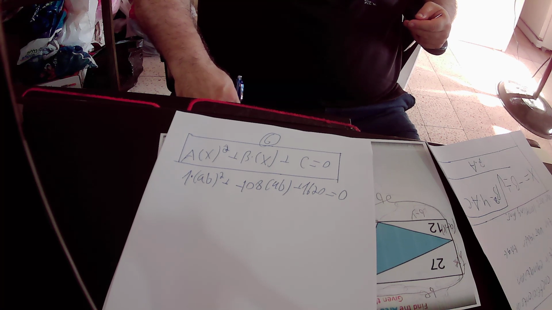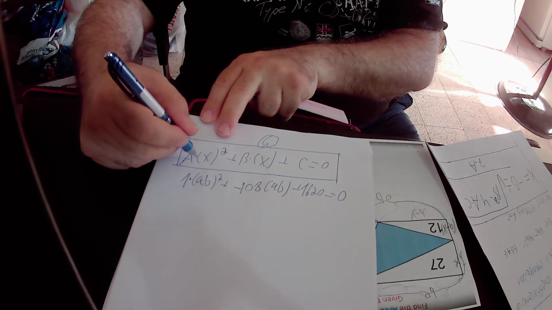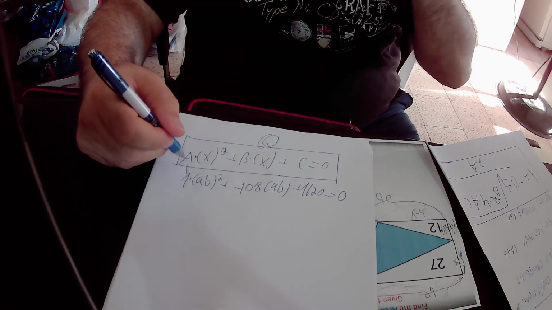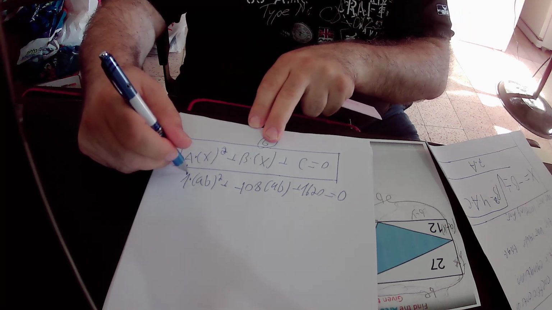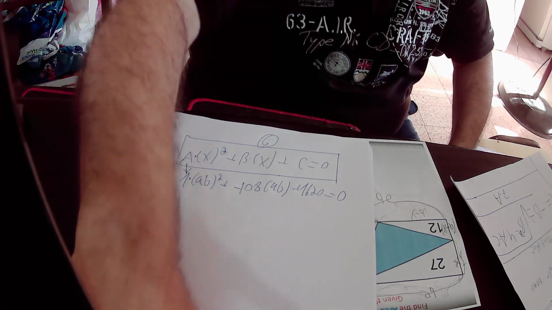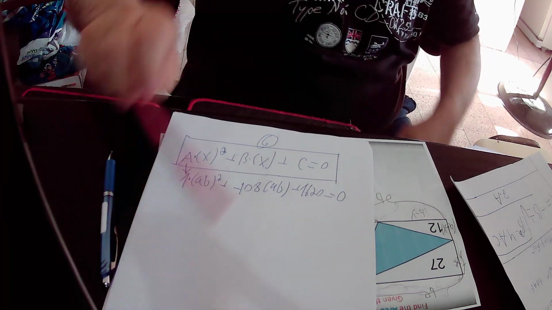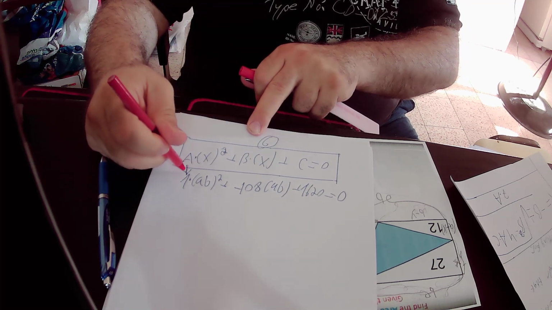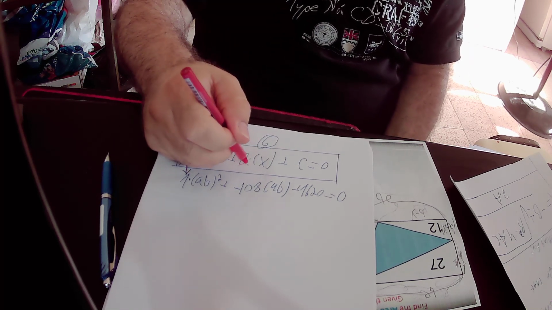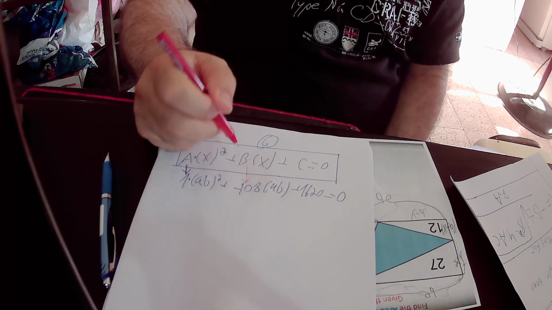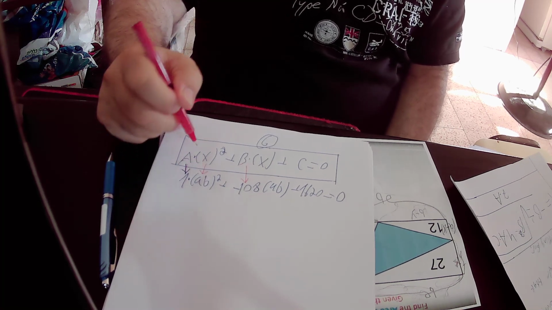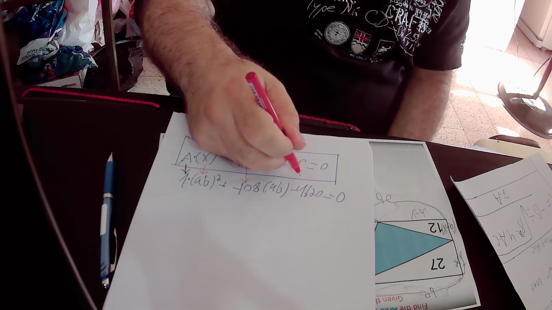So as you can see here, A equals 1, B equals negative 108, and actually X equals AB, and C equals 1620.